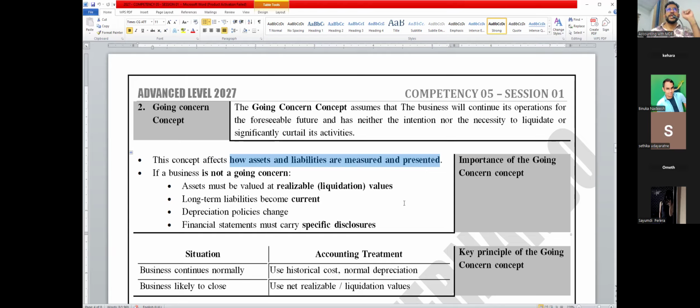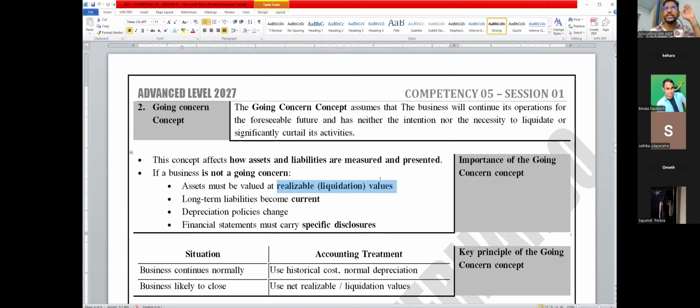If a business is not a going concern, assets must be valued at the realizable or liquidation values. Here the term realizable means its market price.